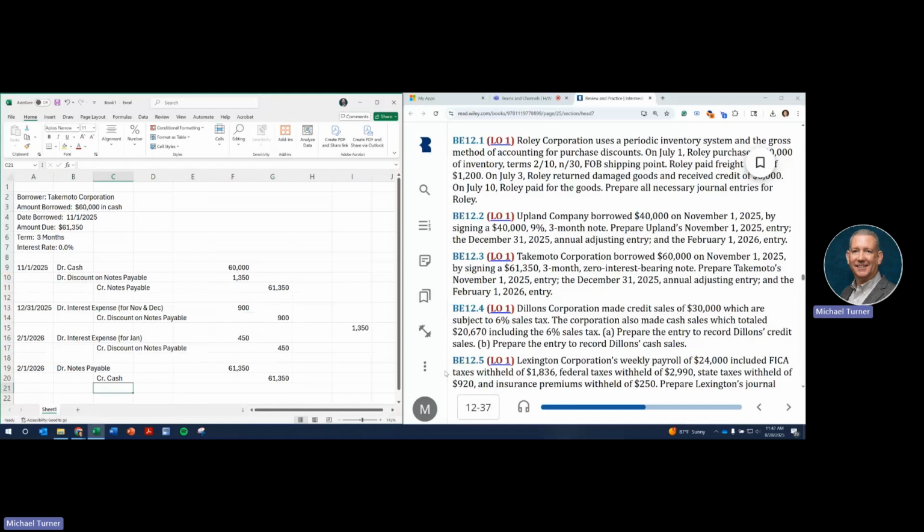However, GAAP says we have to match the expense and the time period in which it was incurred. So therefore we match the expense, $450 per month, over the term of the loan. 2 of those months are in 2025. 1 month is in 2026. And this concludes the requirements to solve for brief exercise 12.3 from chapter 12.